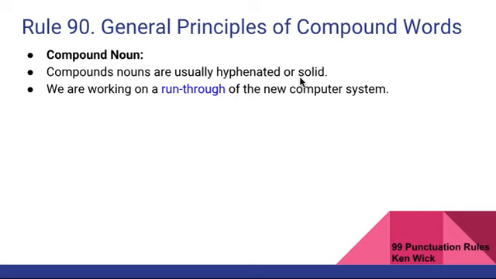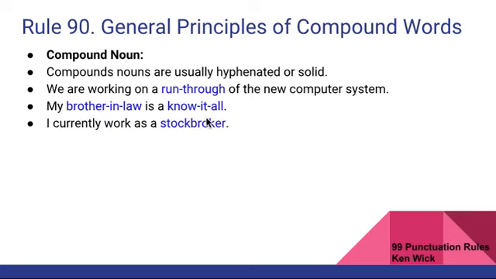So here's a hyphenated example of a compound noun. My brother-in-law is a know-it-all. Both of these are compound nouns and they're hyphenated. I currently work as a stockbroker. Here's a compound noun that's solid. And that's the schoolteacher's job. So schoolteacher is a compound noun, which is solid.